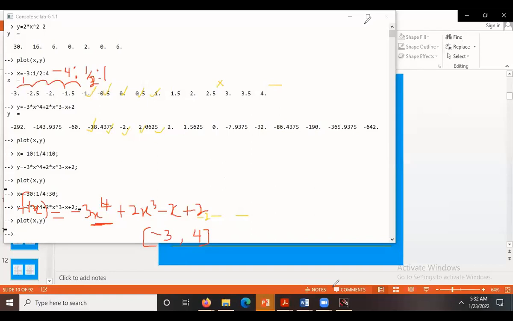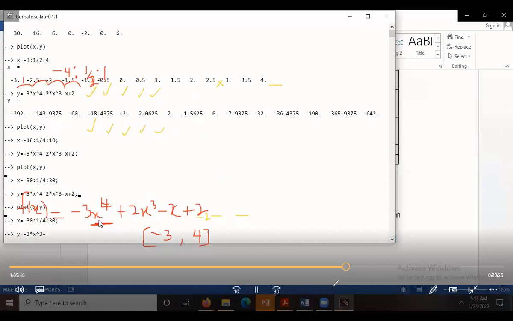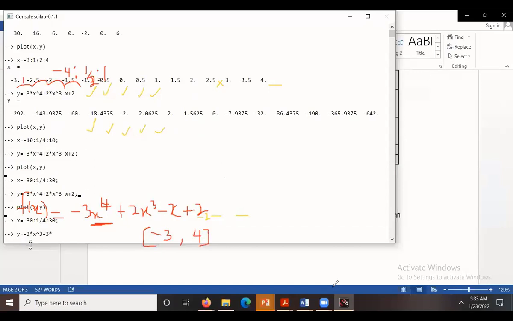So I want to use an interval, say this, and then plot the function x cubed minus 3x. Okay. So x cubed minus 3 times x.